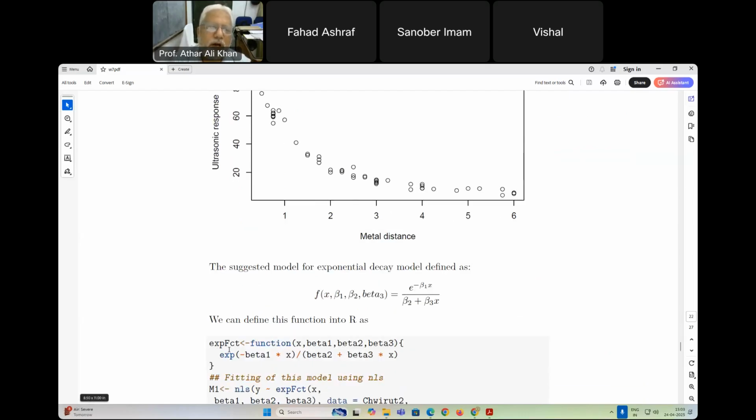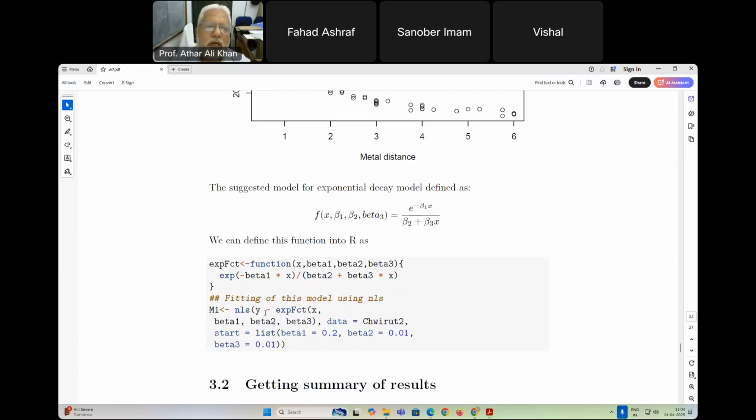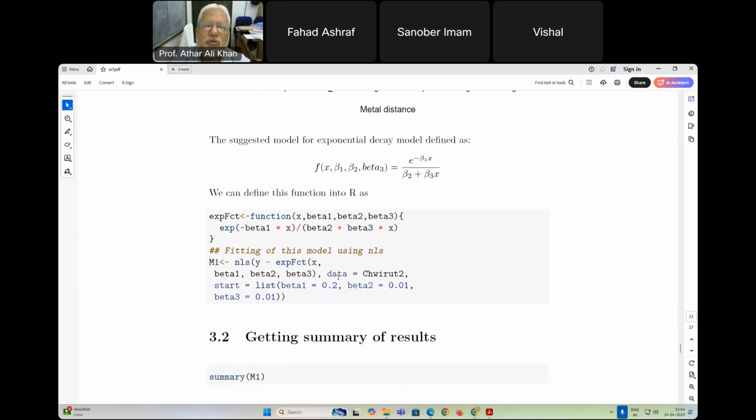And then we have defined the expo function x, beta1, beta2, beta3, and then we are writing this expression, fitting this model using nls. nls y versus expo, we have given the argument, and data is equal to ChemRoot2 and start.